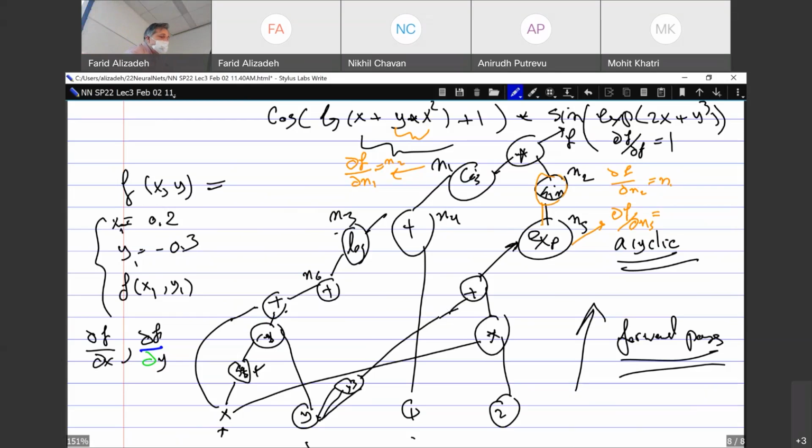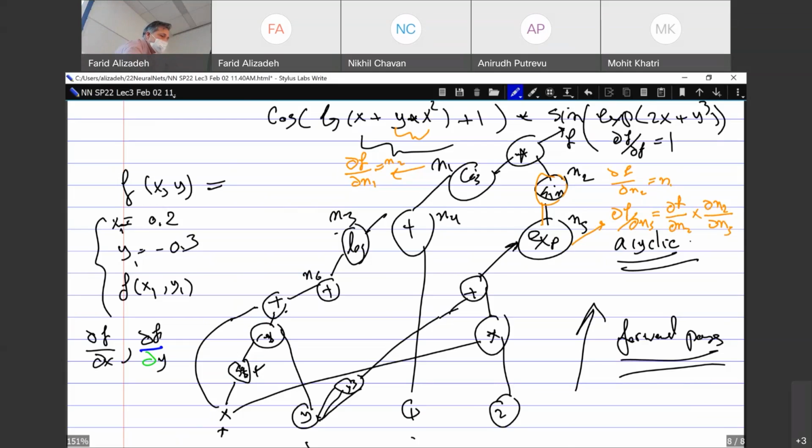So now this is where you use the chain rule. Derivative of f with respect to n5 is equal to the derivative of f with respect to n2, which I already have calculated, times the derivative of n2 with respect to n5. Right? So that one I have already calculated.